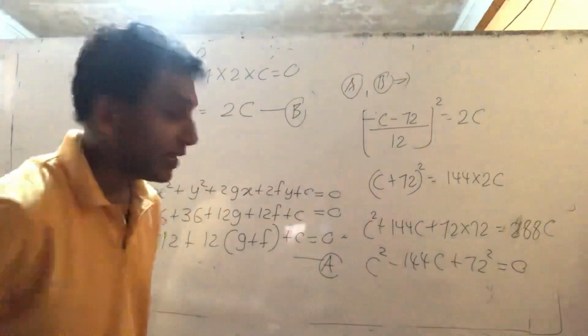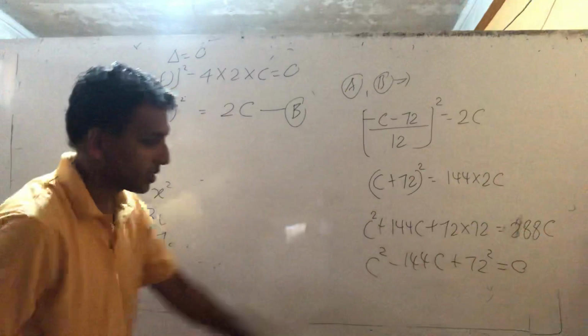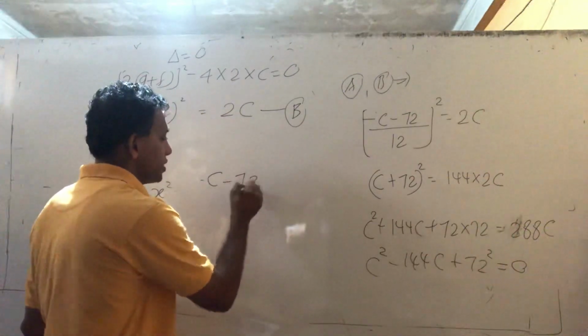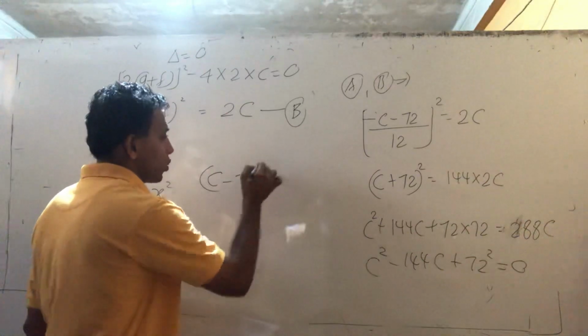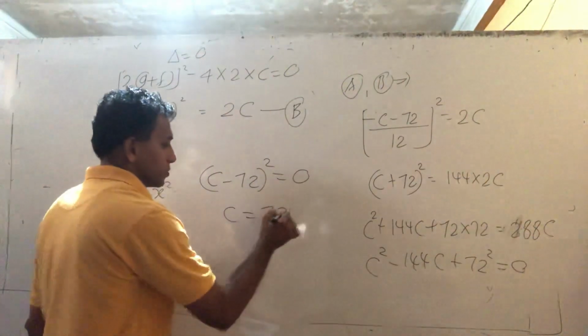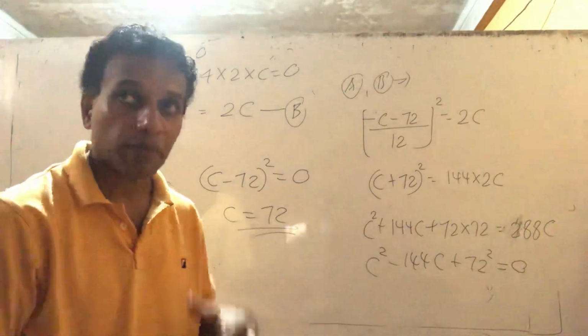So if you have an idea of quadratic factorization, it is simple like primary work. This is (c minus 72) all things square is 0. So here is the method, important work.